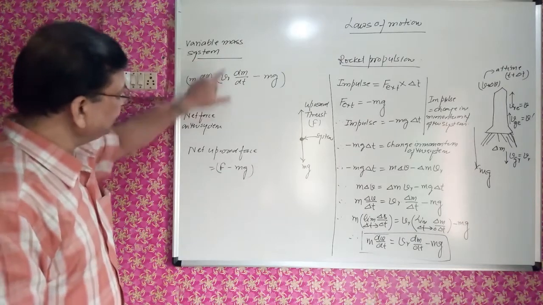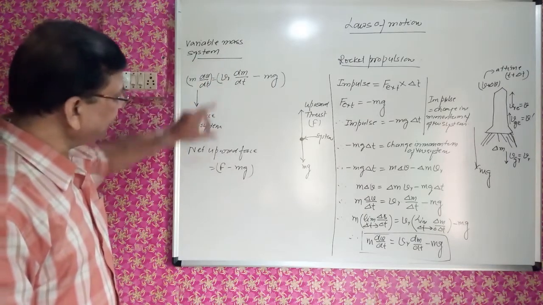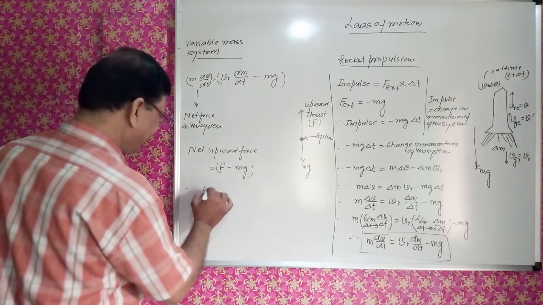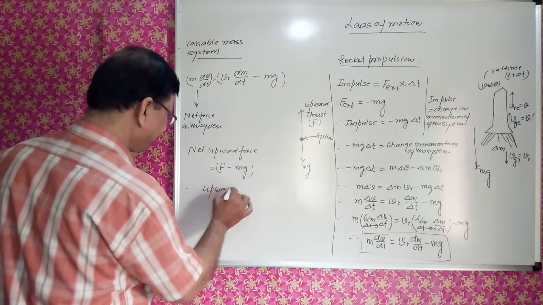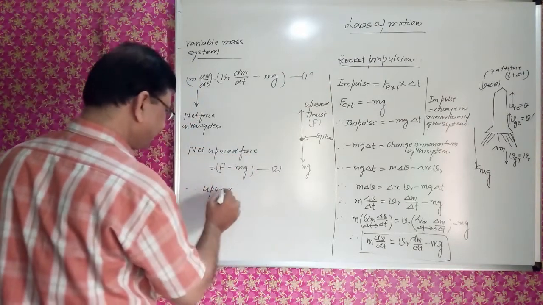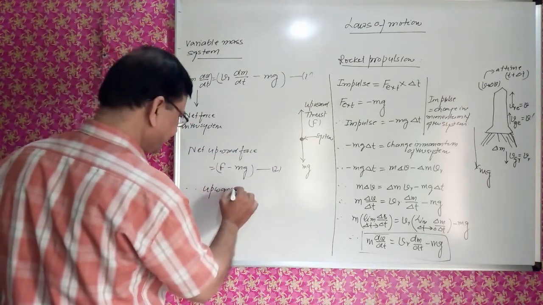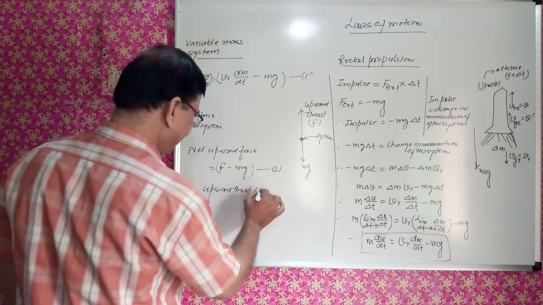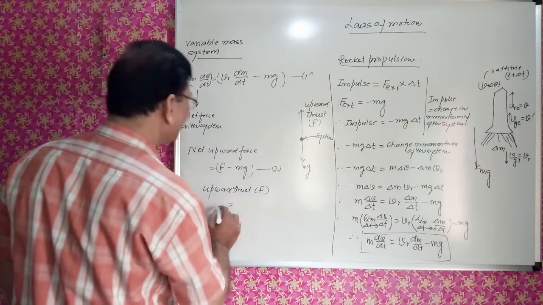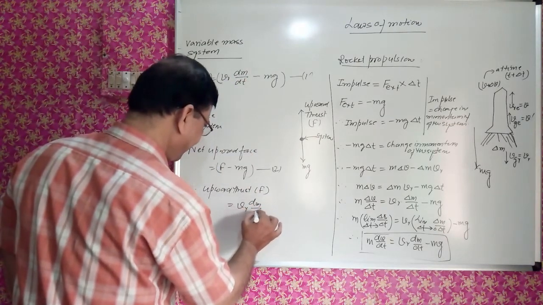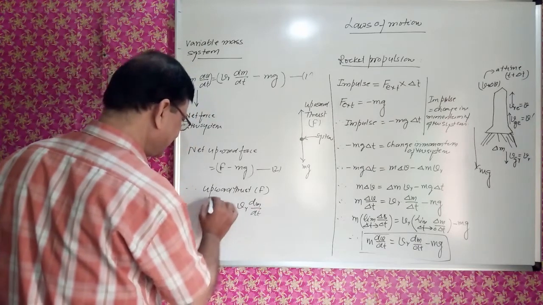So you see, if you compare these two, the net upward force is equal to F minus mg, and this net upward force is equal to m dv by dt. From 1 and 2, the upward thrust F is equal to vr dm by dt.